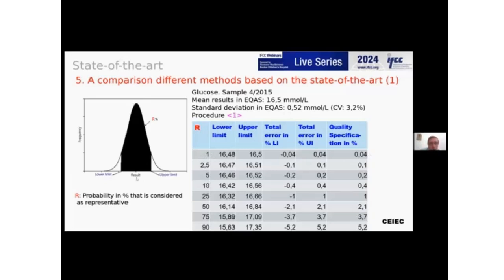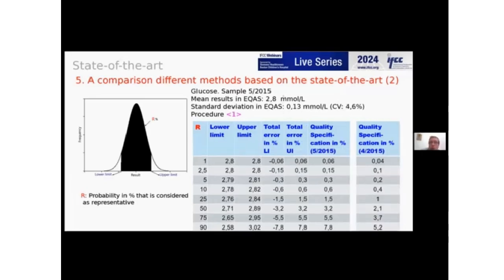Because we are probably in situations of different imprecision, different interlaboratory coefficient of variation in one sample to another by the concentration level we have. So, in addition to being different depending on what is considered representative in terms of percentage of results, there would also be differentiated values depending on the sample we bring.